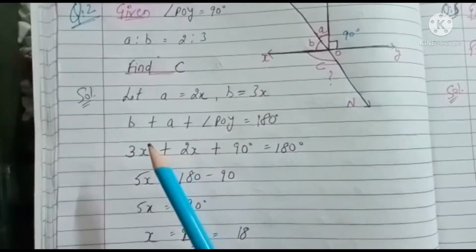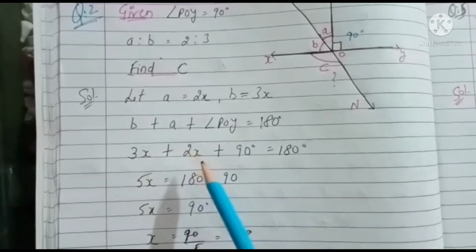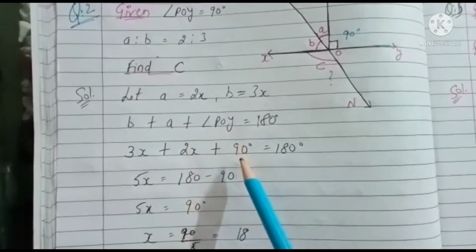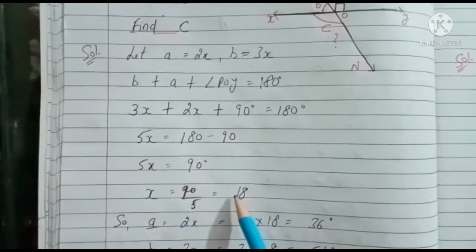Now putting the values of B and A, B is equal to 3x, A is equal to 2x and angle POY is 90 degrees. We will find the value of x here, which is equal to 18.